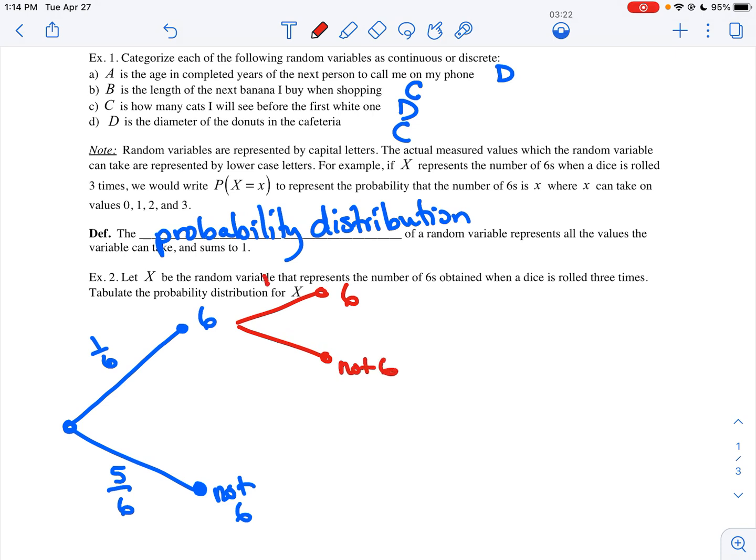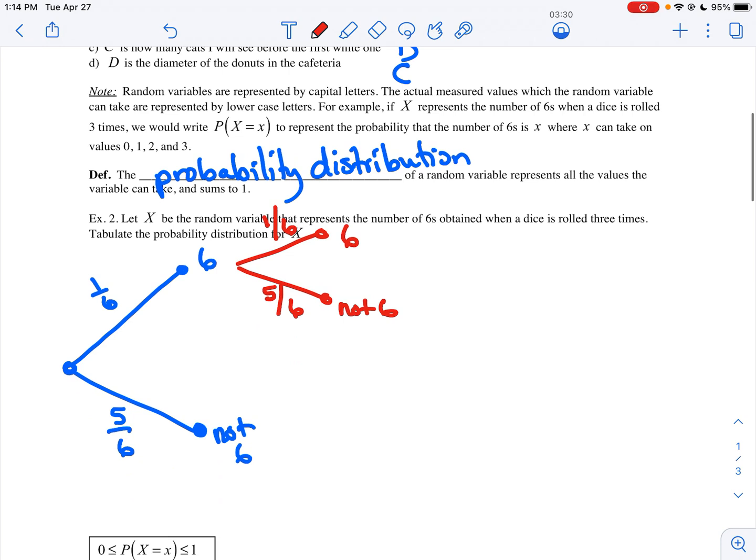And again, the probability of getting a 6 is 1 out of 6, and the probability of not getting a 6 is 5 out of 6. Likewise, if I didn't get a 6, I still have a 1 out of 6 chance of getting a 6 on the second one, and a 5 out of 6 chance of not.